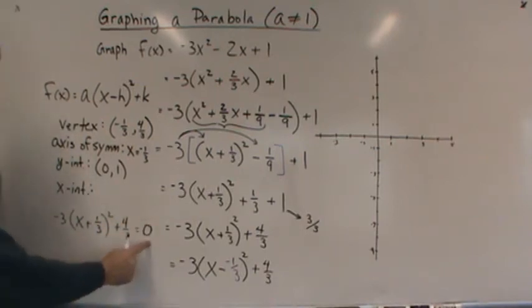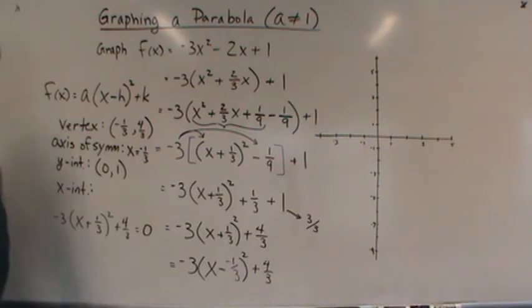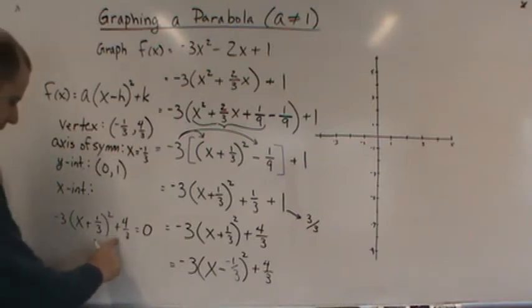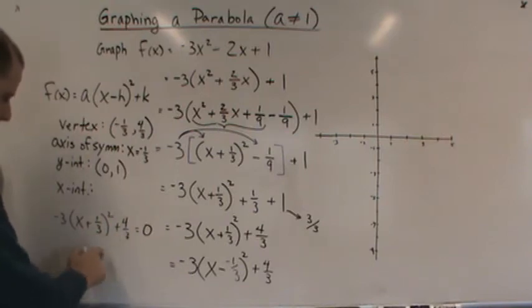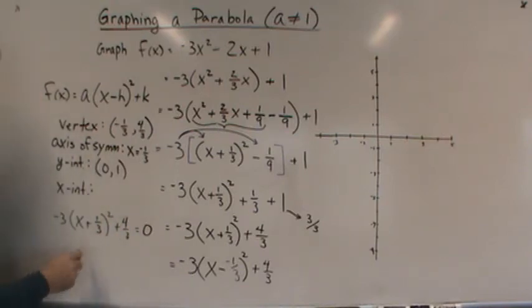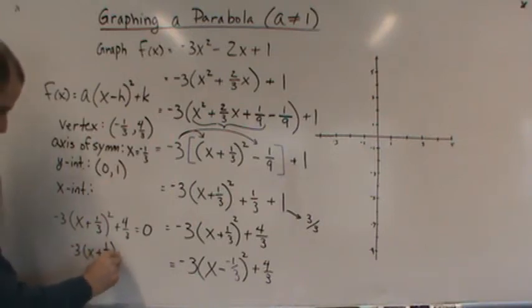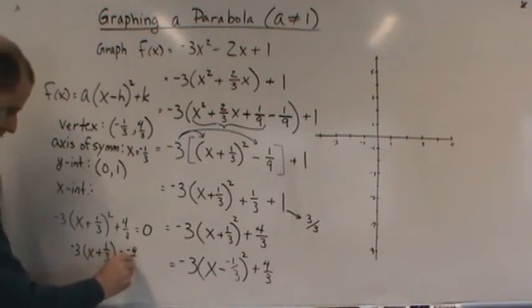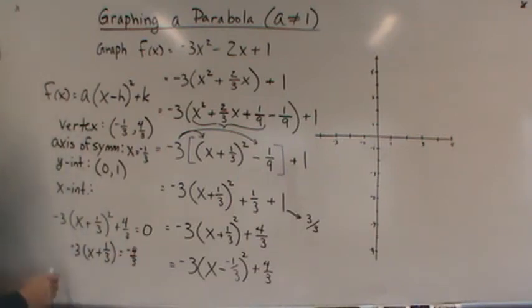So now we're setting y equal to 0, we're going to solve for x. So how do we do this? Well, let's subtract 4/3. So we're going to get negative 3 times x plus 1/3 equals negative 4/3. And then we're going to divide both sides by negative 3, right?